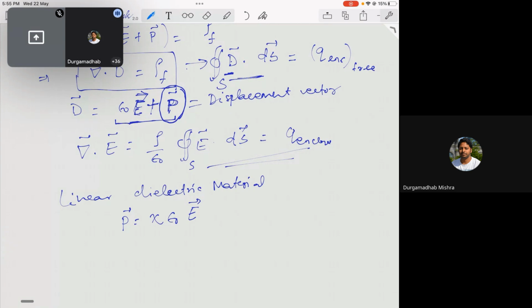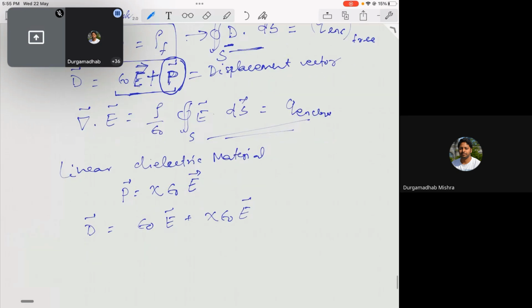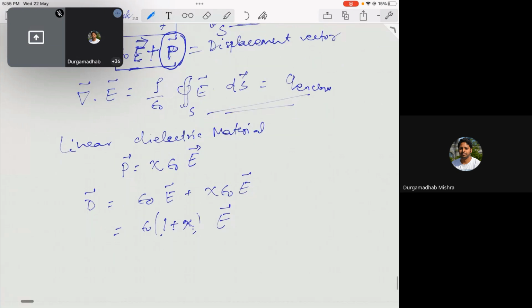If we substitute that, D will be equal to epsilon naught E plus chi epsilon naught E. So we take epsilon naught and E, the common factor, out: D is equal to epsilon naught (1 plus chi) E, which is sometimes also written as epsilon E.